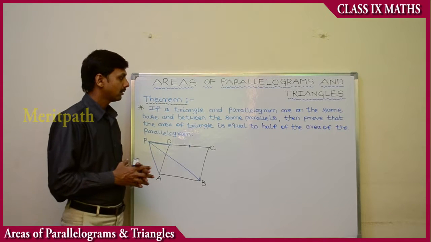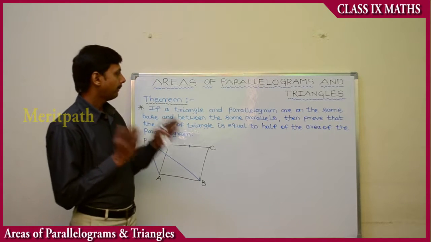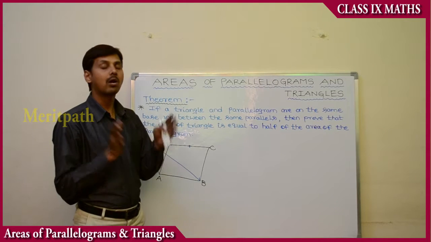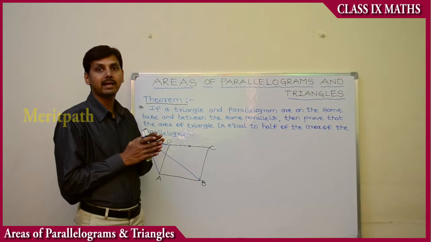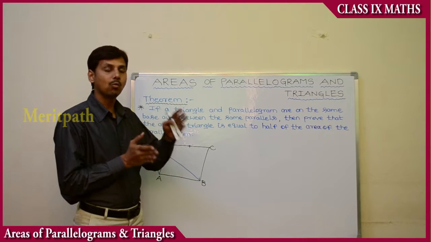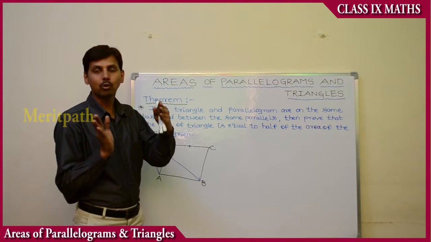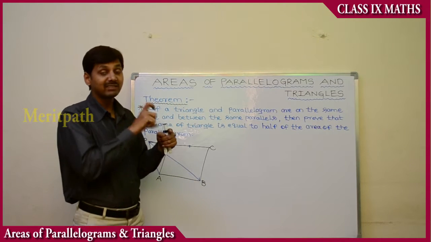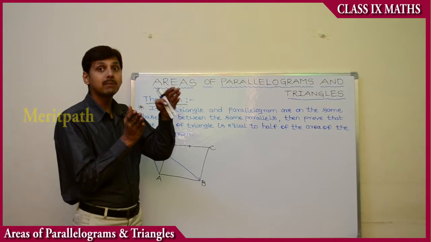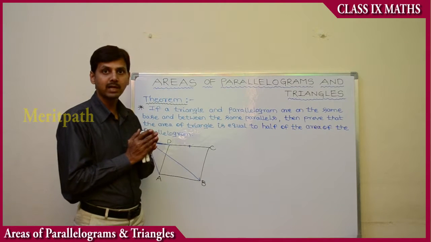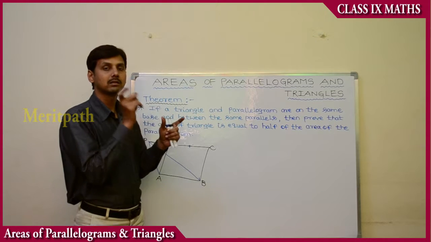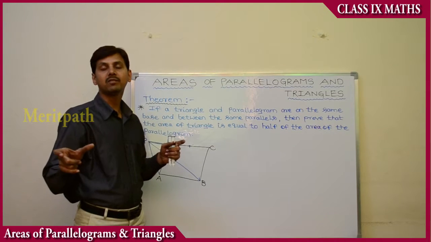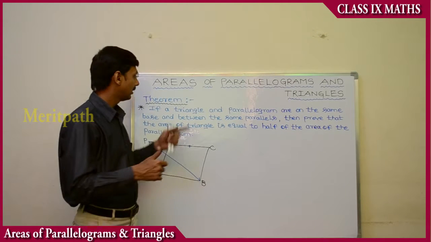So the triangle and parallelogram are on the same base and between the same parallel lines. We need to prove that the area of the triangle is equal to half of the area of the parallelogram.